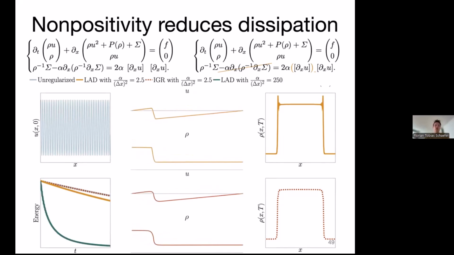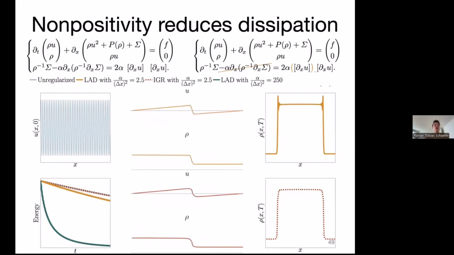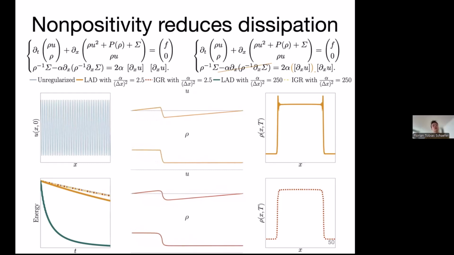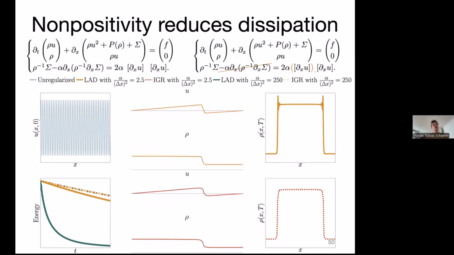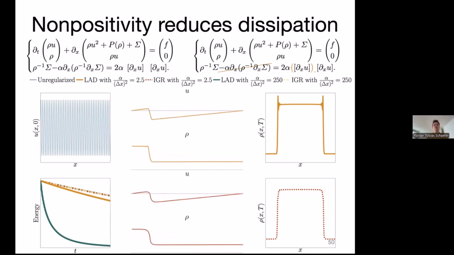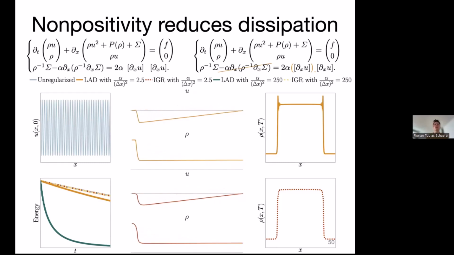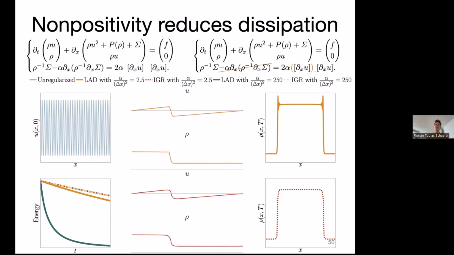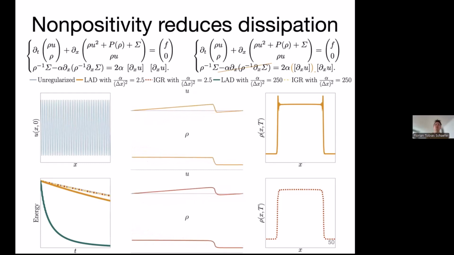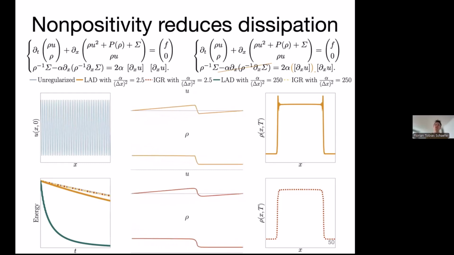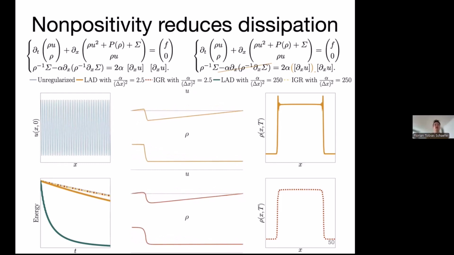And in fact, if we now increase the weight of the regularization, with the viscous regularization the energy drops like a stone, whereas with IGR it still stays roughly the same. The reason is that we have this sign indefinite viscosity, which for every downward slope of our velocity thinks it looks a bit like a shock, so it adds a bit of viscosity. But for every upward slope of our velocity, we have a negative diffusivity.